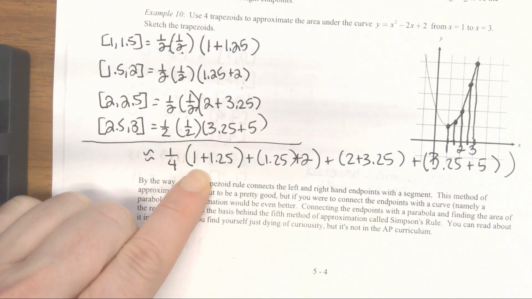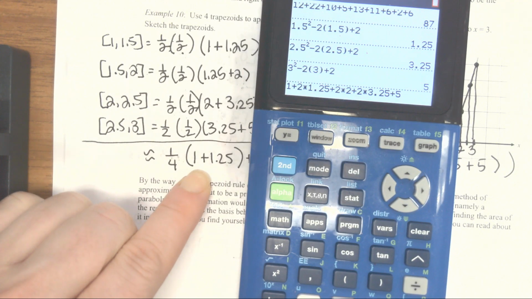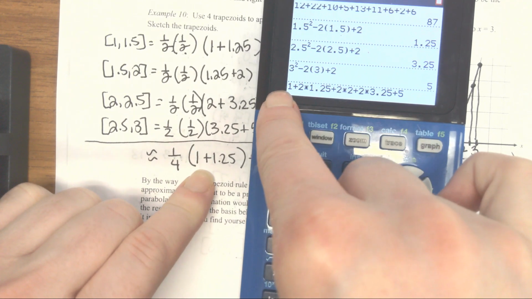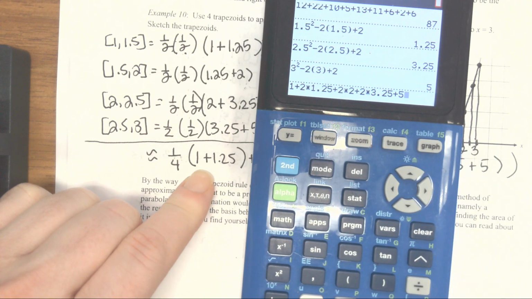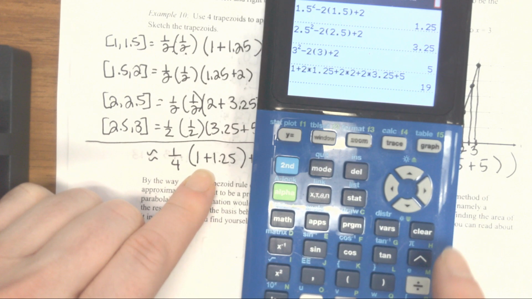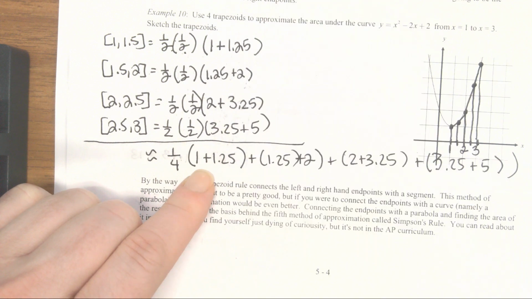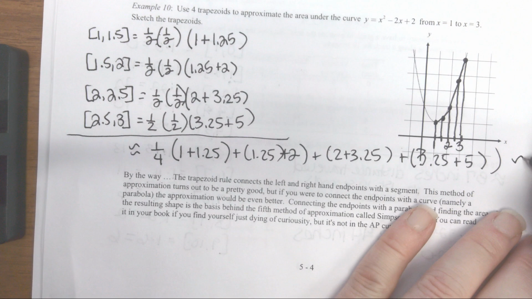But at the end, there's only 1. So the first base and the last base, there's not double of because they're not on an interior. I got 19. I divide that by 4. I got about 4.75.